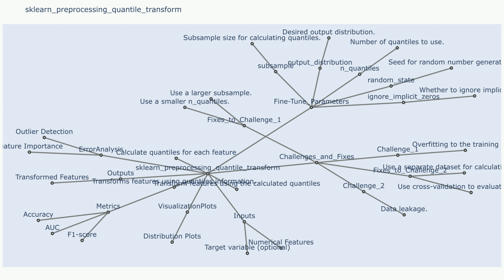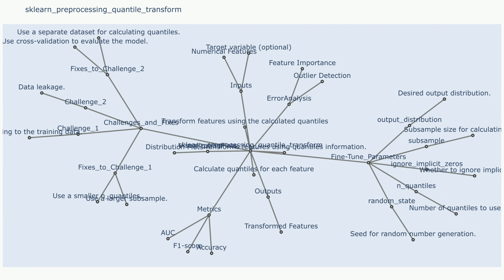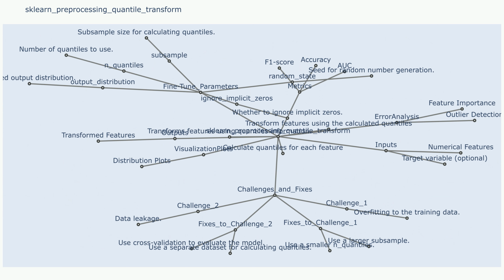Output distribution: this parameter, as mentioned earlier, allows you to choose between a uniform or a normal distribution for the transformed data. Copy: this parameter specifies whether the transformation should be applied to a copy of the data or to the original data. Setting it to true creates a copy, while false modifies the original data.